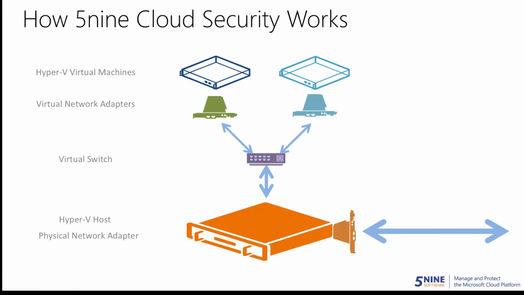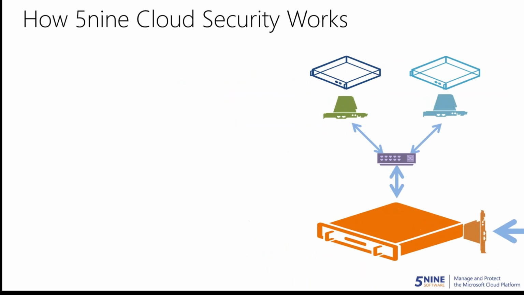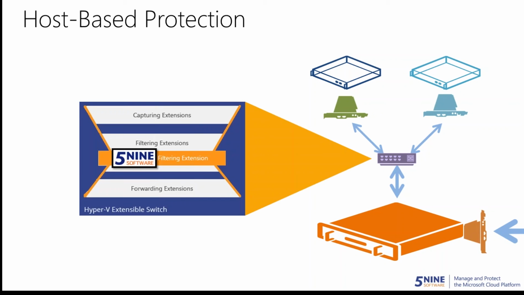So the way Five9 Cloud Security works is we've injected our drivers inside the networking stack of the virtual switch itself. Hyper-V makes this extensible to software providers. And basically what this means is any type of traffic going into a VM or out of a VM, based on different rules and policies that we define, we can choose to accept it or we can choose to block it.